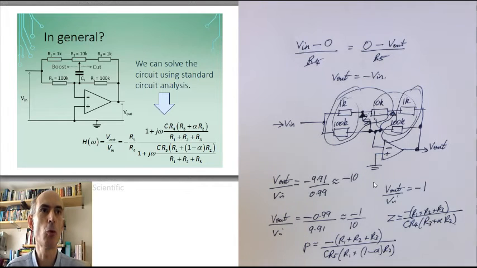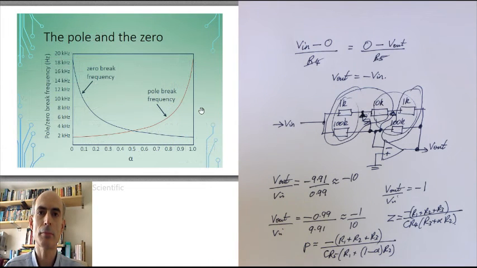When alpha equals 0.5, as long as R1 equals R3 and R4 equals R5, the pole and the 0 are at exactly the same frequency and cancel each other out. You can plot the break frequency of the pole and the 0 against the value of alpha, and you'll end up with a curve like this.